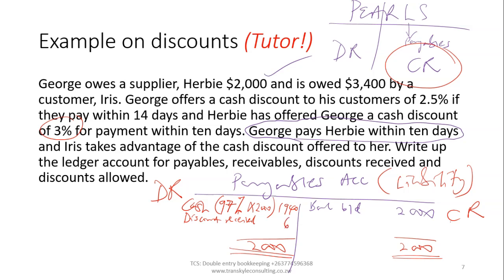We received a discount of $60. If you add the discount received and the $1,940 cash actually paid, you come to $2,000. This suggests that there is no balance carried forward, because the liability has been completely settled.